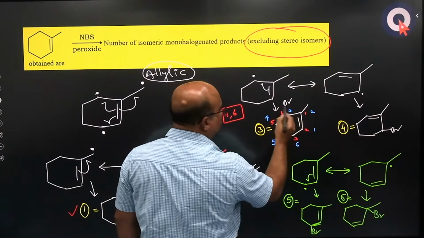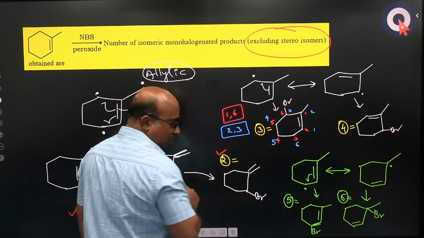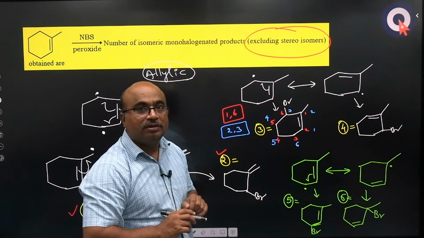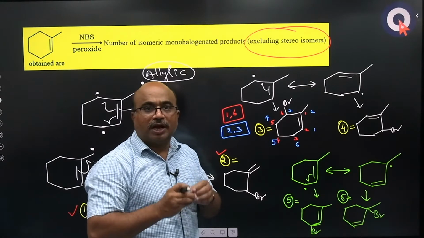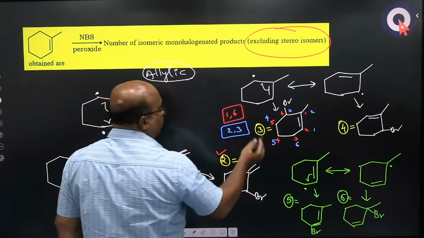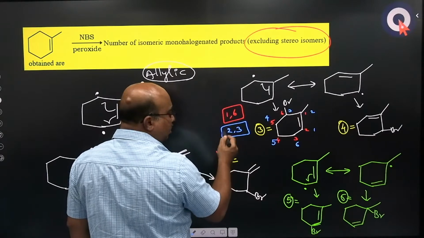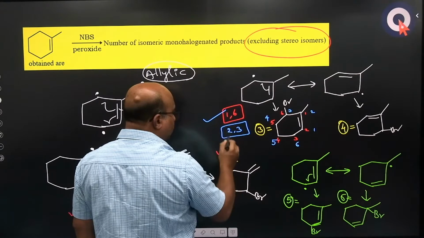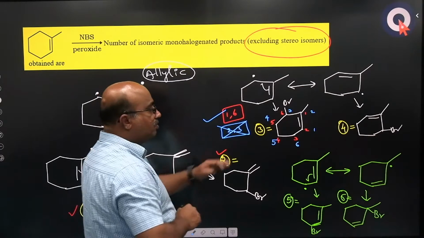What are your substituent positions? 2 and 3. Is 1, 6 correct or 2, 3 correct for us? Because it is the lowest locant rule that we follow in the IUPAC system. The first point of difference with the least number is the correct one. So 1 and 6 is correct, not 2 and 3. So this is correct, this is wrong. So this is 1, 6.